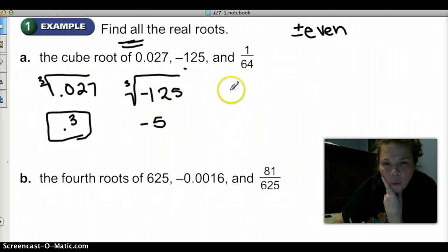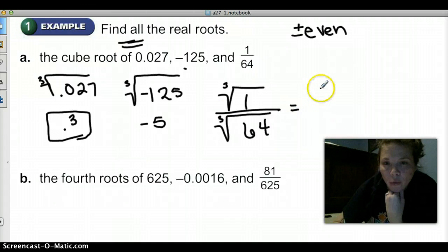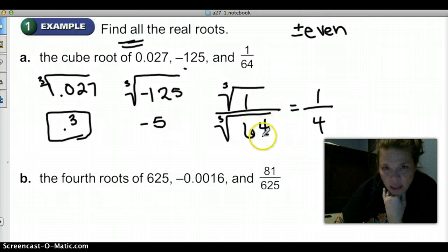And then finally, 1/64, that is the same thing as cubic root of 1 over the cubic root of 64. The cubic root of 1 is 1, cubic root of 64 is 4. Since this was expressed as a fraction, you should have your answer also in fraction form.